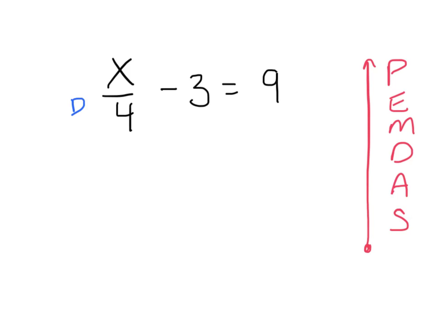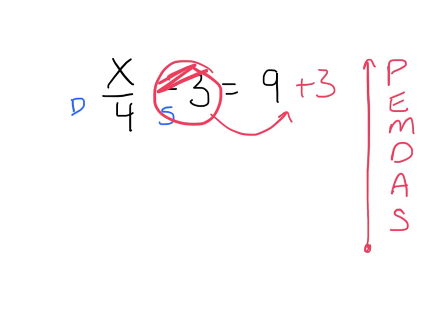I've got divide and I've got subtract. Which is the simplest? Subtract. Subtract 3 goes to the other side, it becomes its inverse. The inverse of subtract 3 is plus 3. Subtract 3 is gone. I have x divided by 4 equals 9 plus 3. 9 plus 3 is 12.